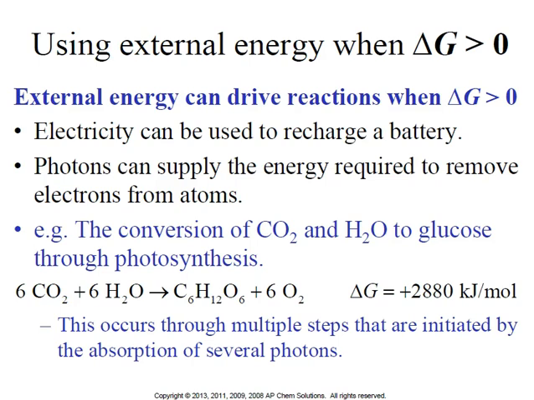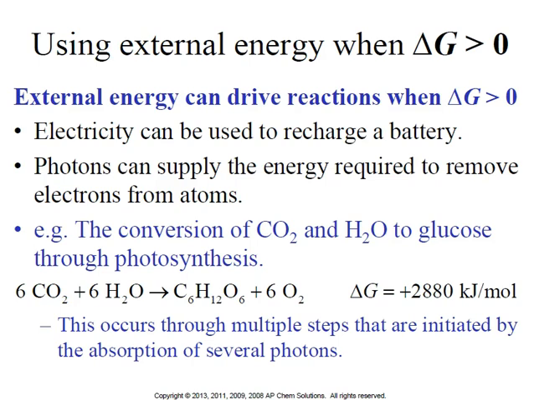Photons, mainly from the sun, can supply the energy we need to remove electrons from atoms and therefore supply the energy we need to make a chemical reaction go. For example, in photosynthesis, we have a process where we change carbon dioxide and water into glucose and oxygen. That process has a delta G value of positive 2,880 kilojoules per mole.